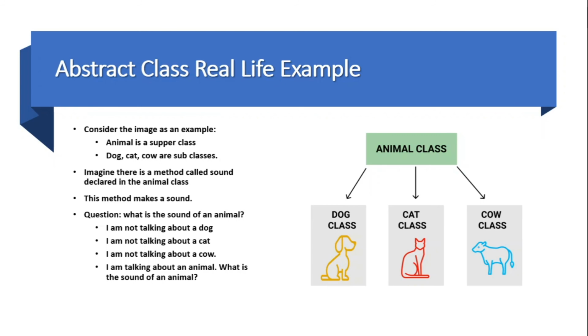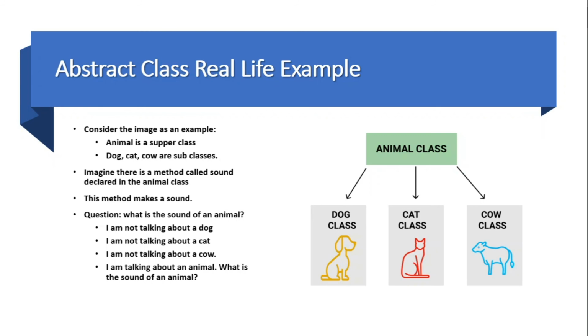Now, I want you to imagine this. Imagine there is a method inside the animal class called make sound, or sound. That method will generate a sound on the speaker of your computer.